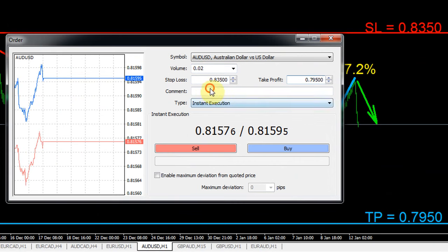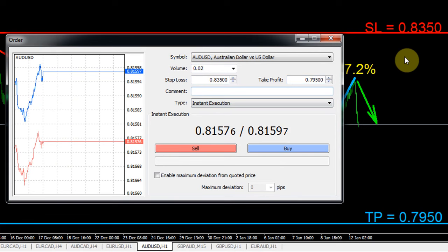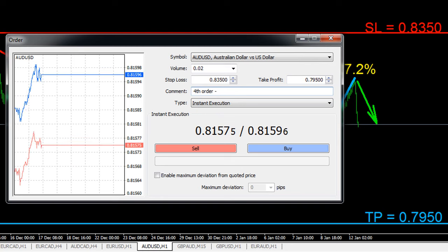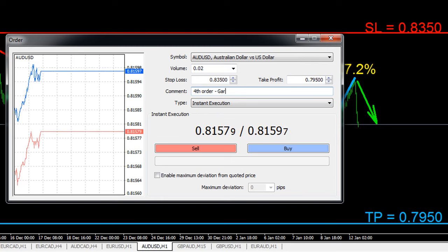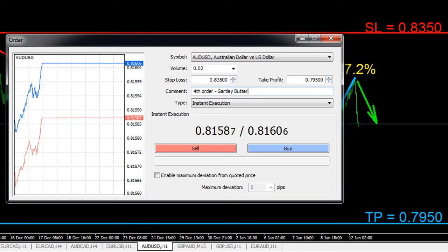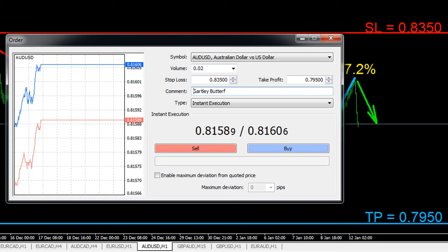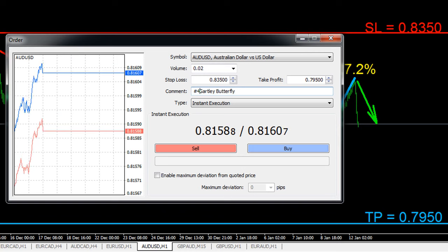For the comment, let's call this fourth order, we'll call this Gartley butterfly. Oh, it doesn't fit. Let's just call it Gartley butterfly, and at the start we'll say number 4.